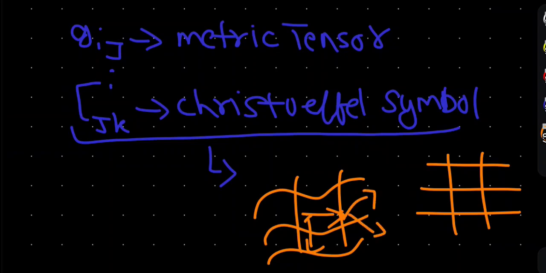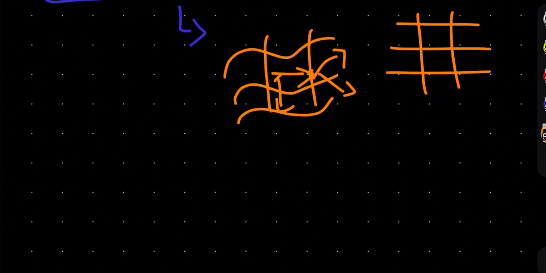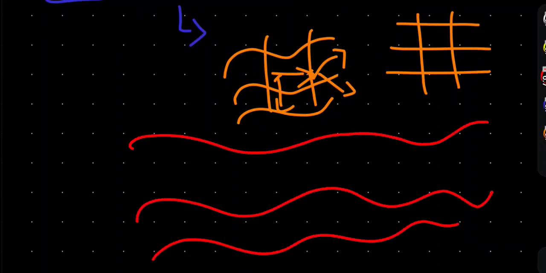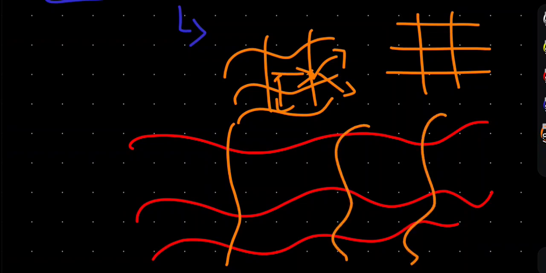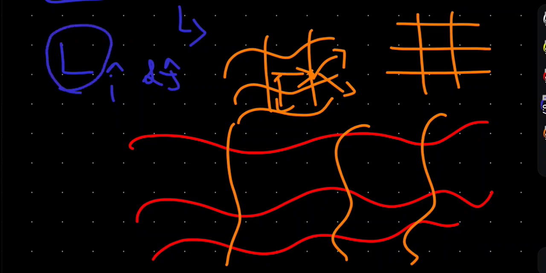In the flat spacetime that we usually deal with, the basis vectors, i cap and j cap, are perpendicular to each other and the same throughout your space. But when you deal with curved space, the basis vector in the x direction and the basis vector in the y direction are not orthogonal.